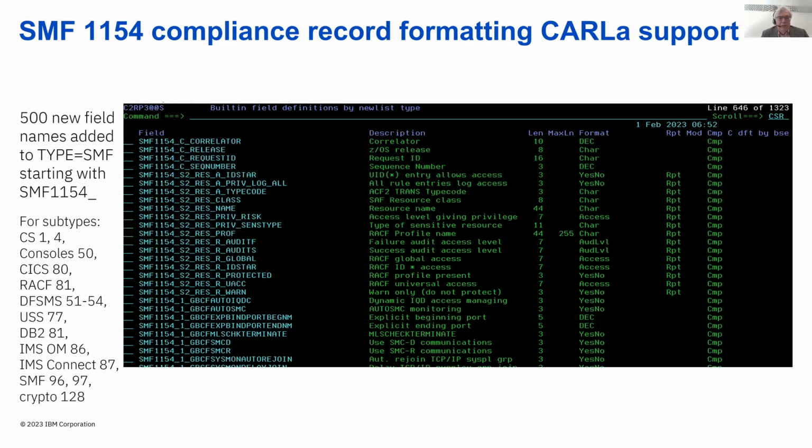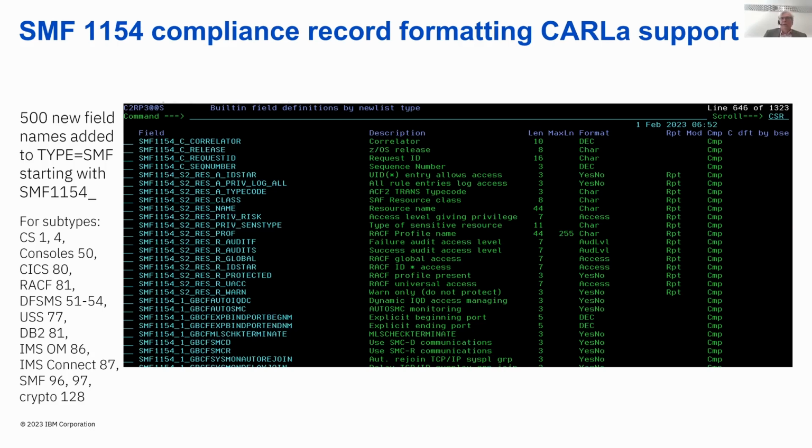Typically they have 1154 underscore and then the subtype. There's one exception, for common sections, especially for the protection of general resources: we have an S2 section, so that's section 2. Section 1 is the fixed information, and then there's a number of variable S2 resources, depending on the subtype, but they all have the same layout, protecting that area.